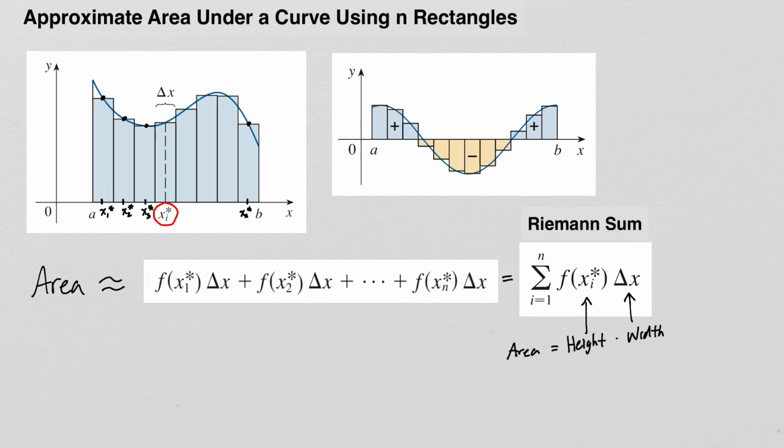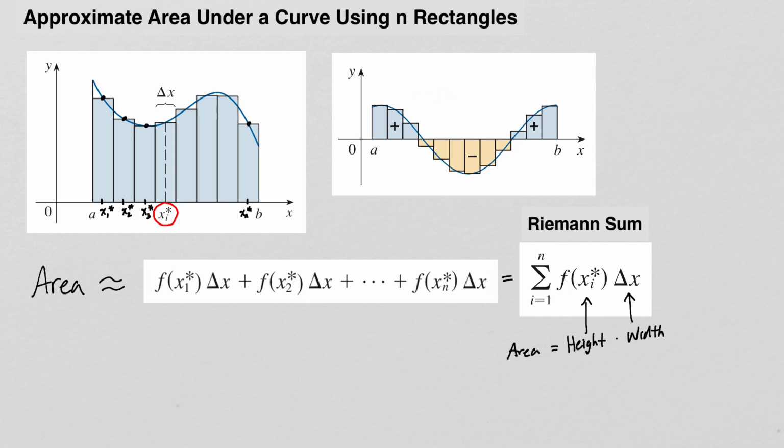Now, one final thing to discuss is that when you use this technique to approximate the area under a curve, you need to realize that if your function goes below the x-axis, when you find the heights of these rectangles, they will show up as a negative number because the function value is below the x-axis. And because the height of the rectangle is negative, that will make the area of this rectangle negative.